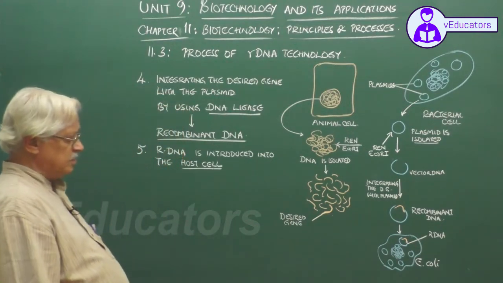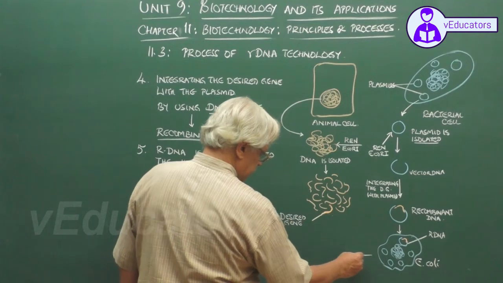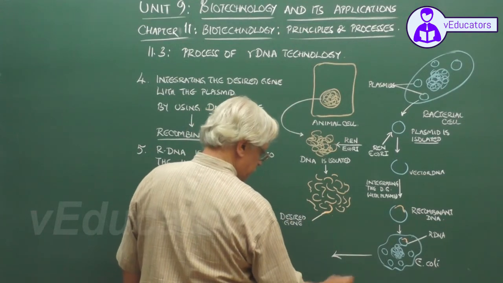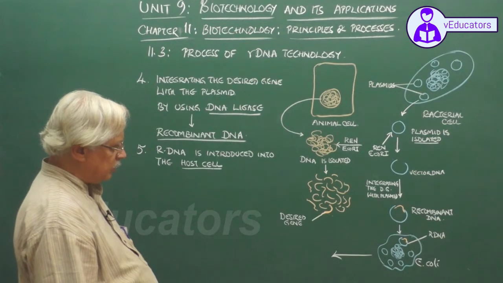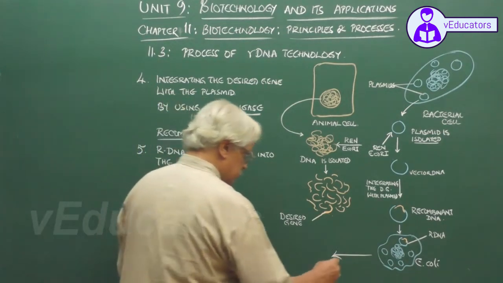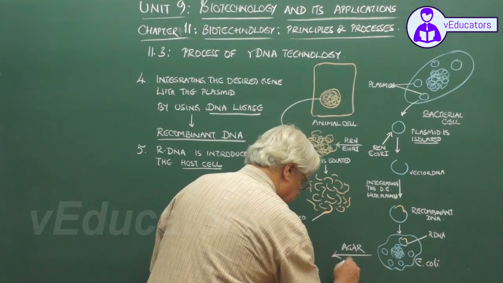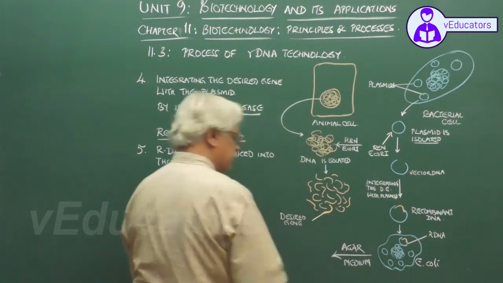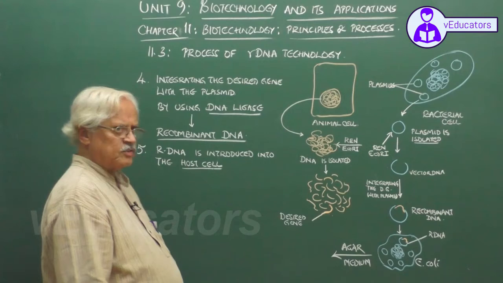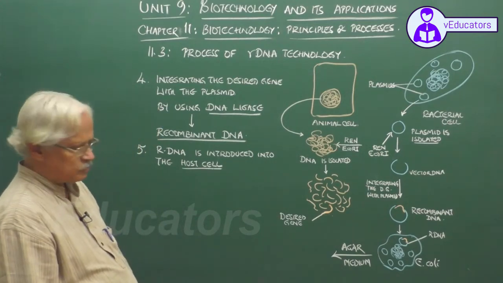So when this E. coli is allowed to undergo replication in the agar medium, bacterial cells divide approximately once in every 20 seconds.